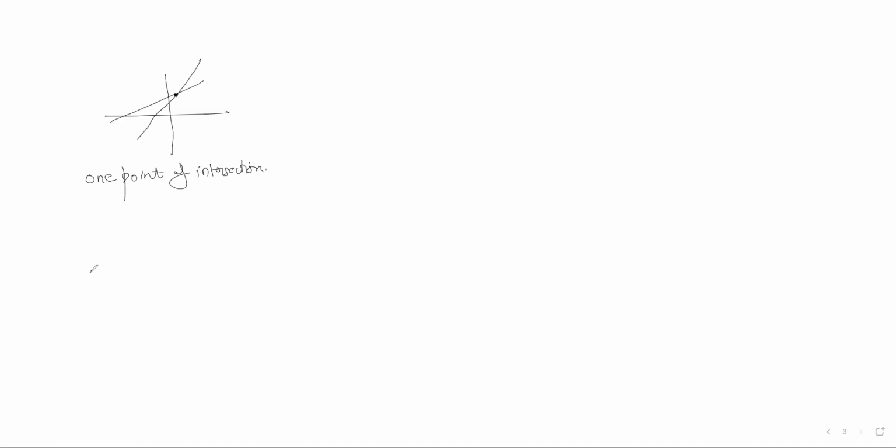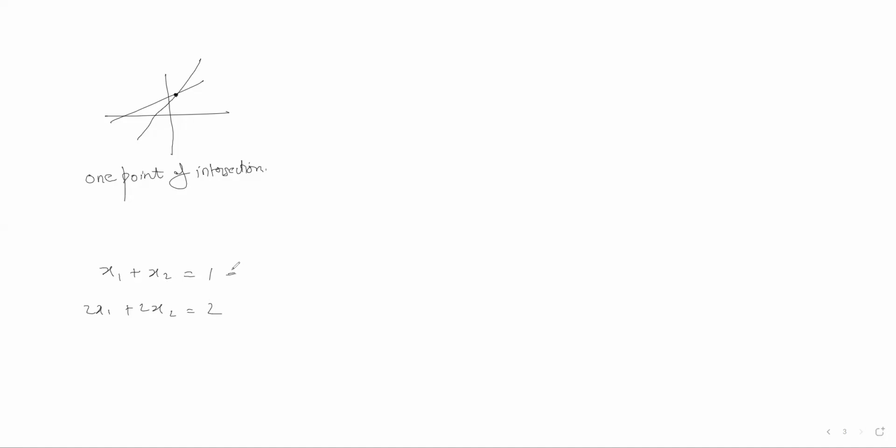Consider an example: x1 plus x2 is equal to 1, and the second is 2x1 plus 2x2 is equal to 2. I have considered this equation. So in this, it looks like two different equations, right? But when you plot this on the graph, when you substitute the points, you will get the same point that will satisfy these equations, right?